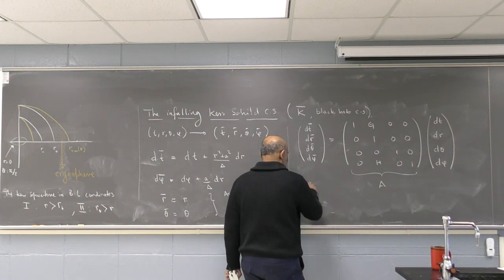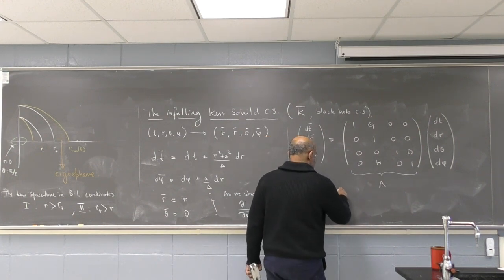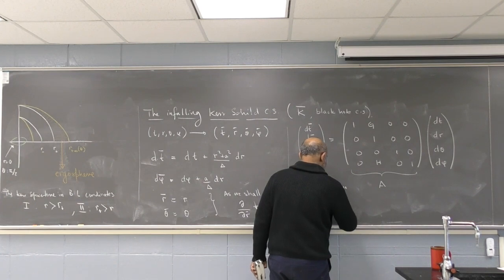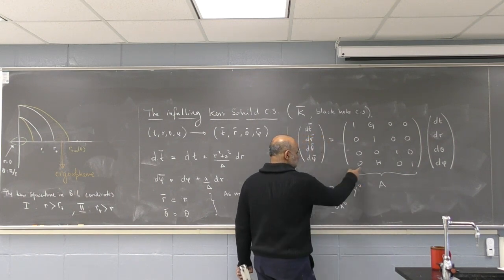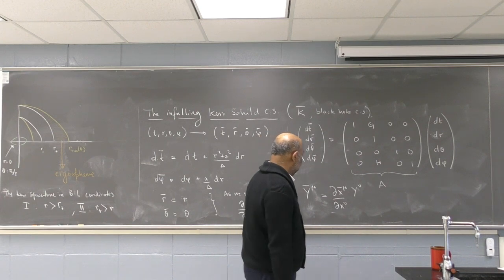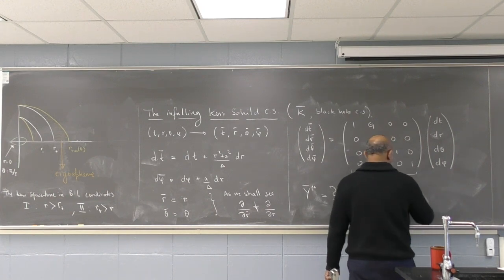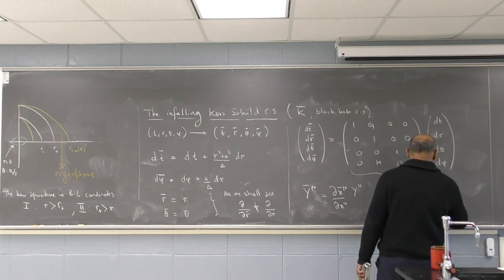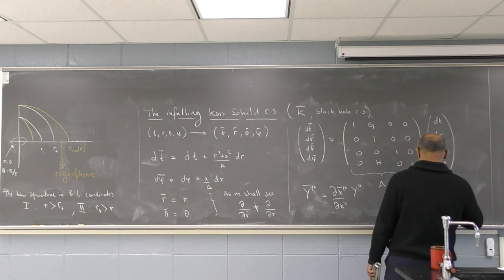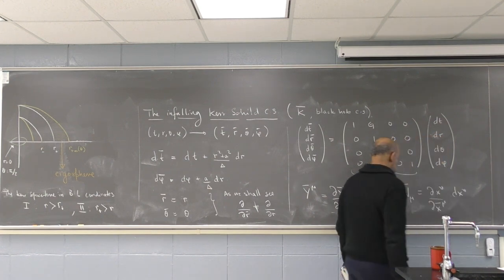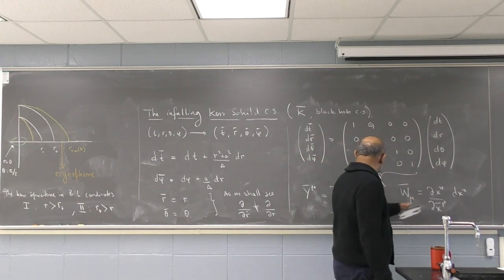If you have a vector in the Kerr-Schild coordinates, so I put a bar on it, any vector, well, this is x bar mu, dx nu, and y mu, where this is exactly A. If you want to know how the one forms transform, this is nothing but the inverse of that.